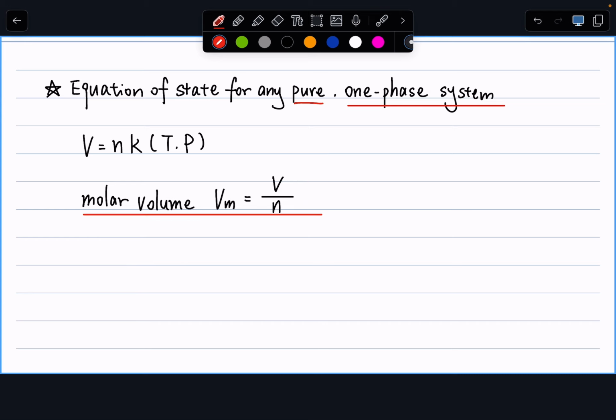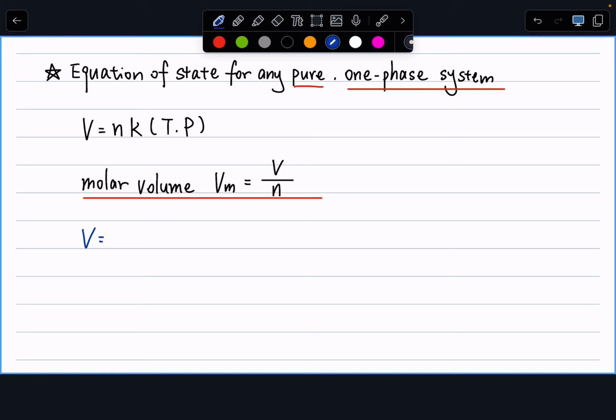If we replace the molar equation of state, for ideal gases we have V equals nRT over P, so you can write the molar volume equals RT over P.